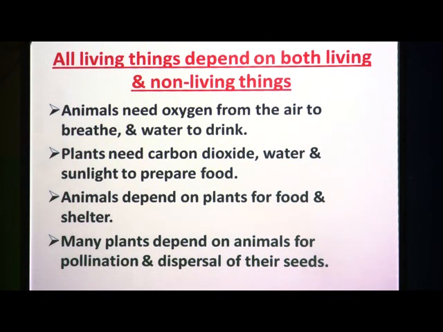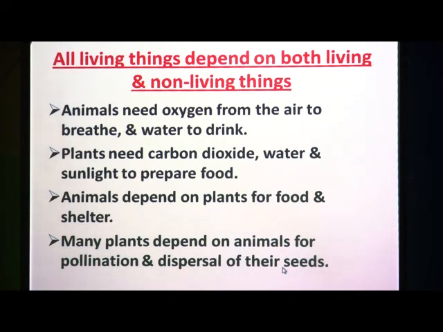For example, animals need oxygen, which we get from the air, to breathe, and water to drink, and plants need carbon dioxide, water and sunlight to prepare food. Animals and birds depend on plants for food and shelter. Many plants depend upon animals for pollination and dispersal of their seeds.